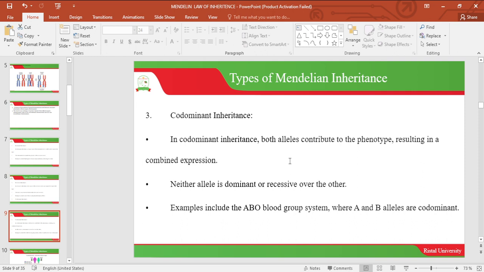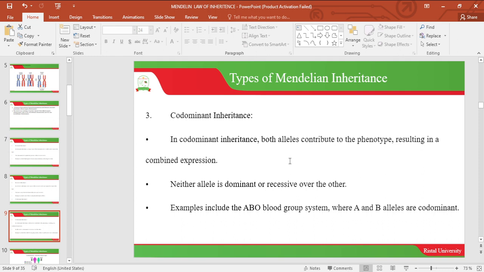Let's continue with the types of Mendelian inheritance. Codominant inheritance. In codominant inheritance, both alleles contribute to the phenotype, resulting in a combined expression. Neither allele is dominant or recessive over the other.